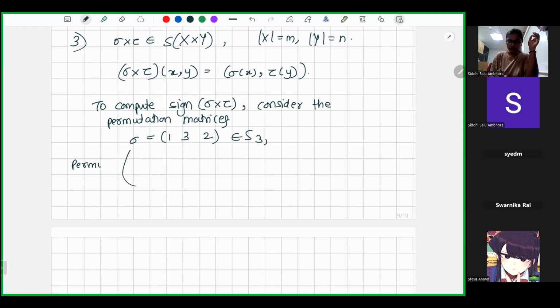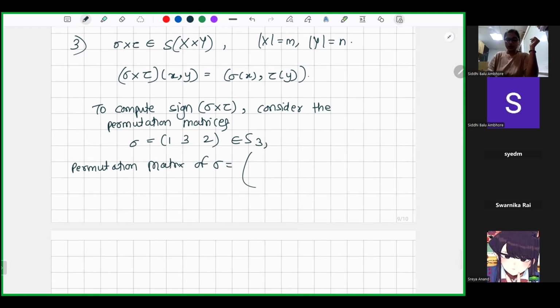The permutation matrix of sigma is, the columns I will look at. The first column of my identity matrix will go to the third column here because 1 is going to 3. So starting with the identity matrix 1 0 0, 0 1 0, 0 0 1, this 1 is going to 3, so my first column becomes the third column, which is 0 0 1.